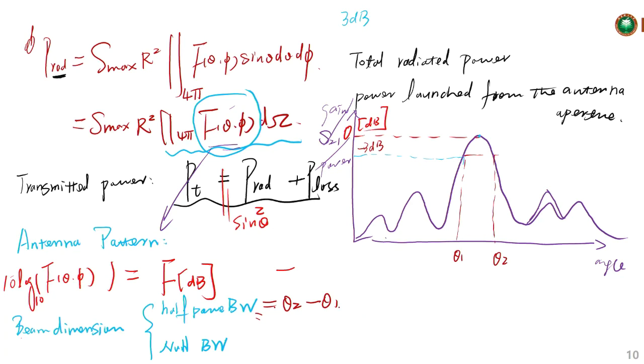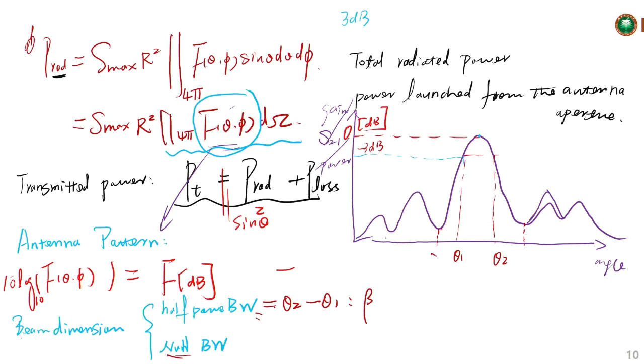And also it can be characterized by a parameter theta to characterize the half power beam width. And for the null beam width, for null, so what kind of condition is called null? So here is null. Here is null, the value.